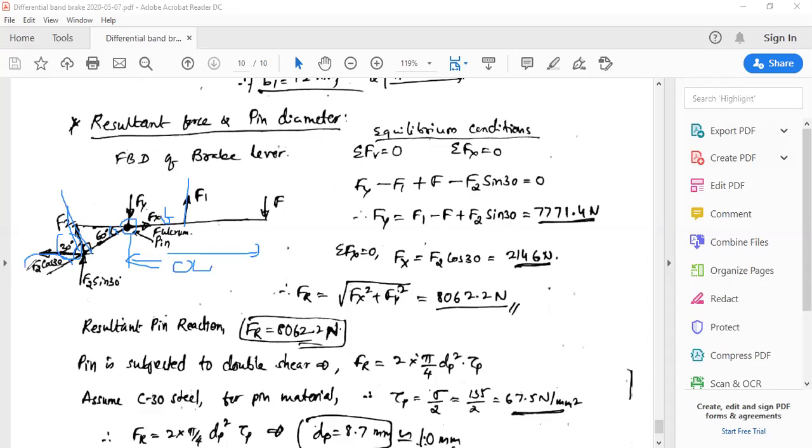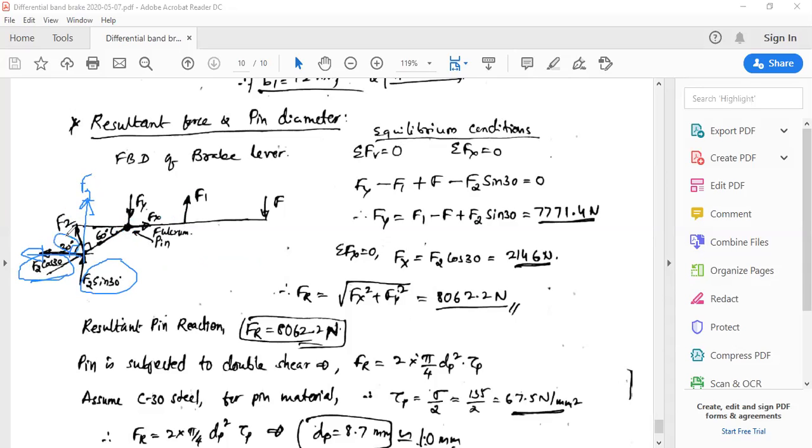can be resolved. In horizontal direction, the resolved component of F2 is F2 cos 30, and in vertical direction this component becomes F2 into sin 30, which is written here. And this is the angle 30 degrees.